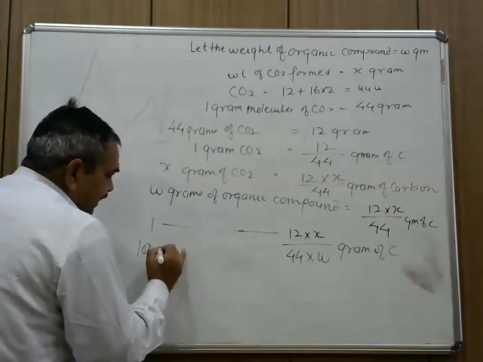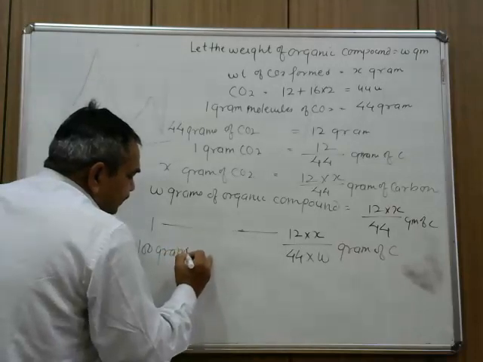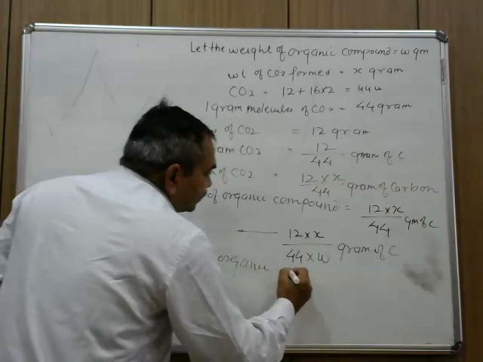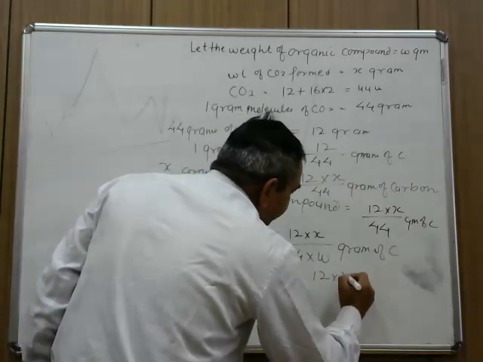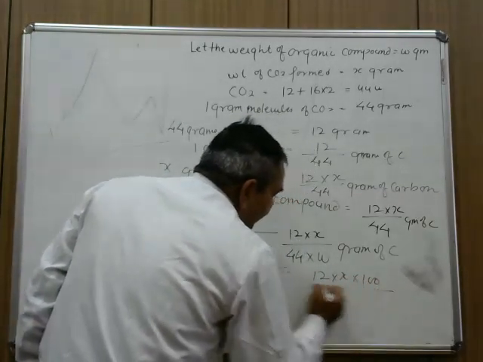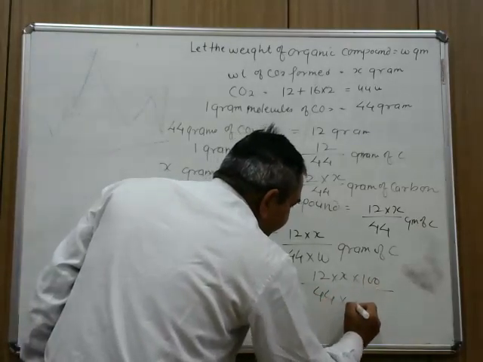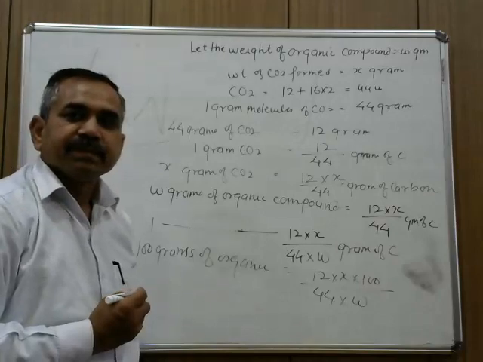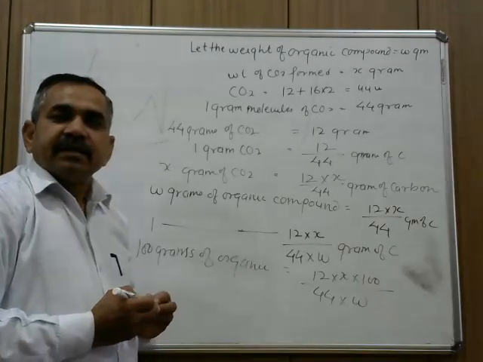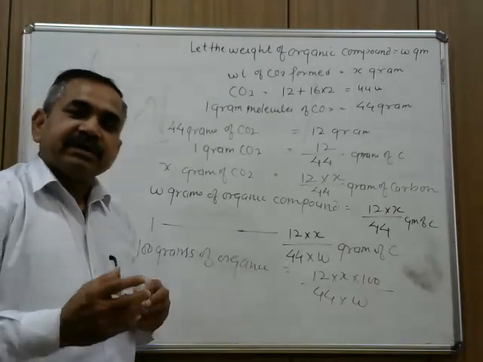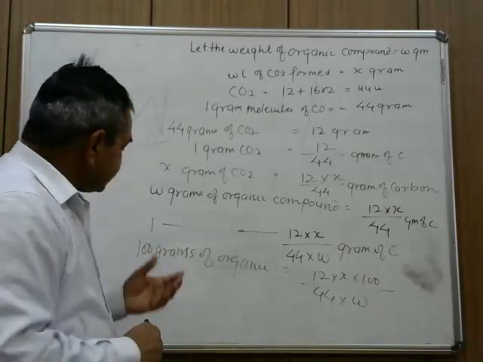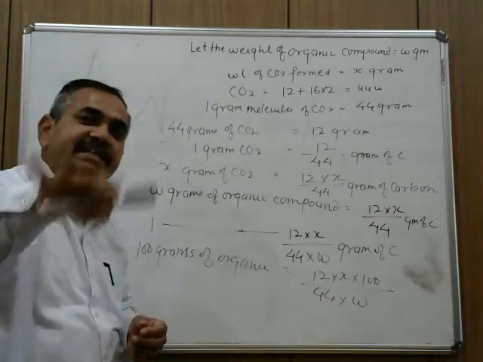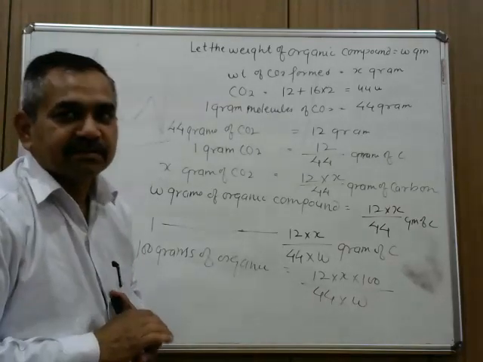So 100 grams of organic compound will have 12 into x into 100 divided by 44 into W grams of carbon. And whatever amount of carbon is present in 100 gram of organic compound gives the percentage of carbon.